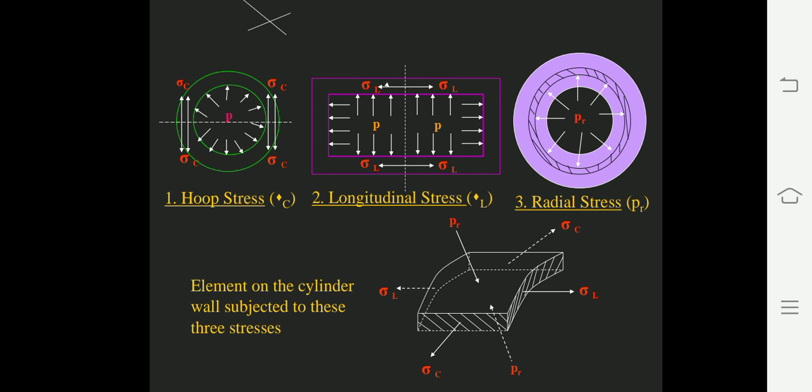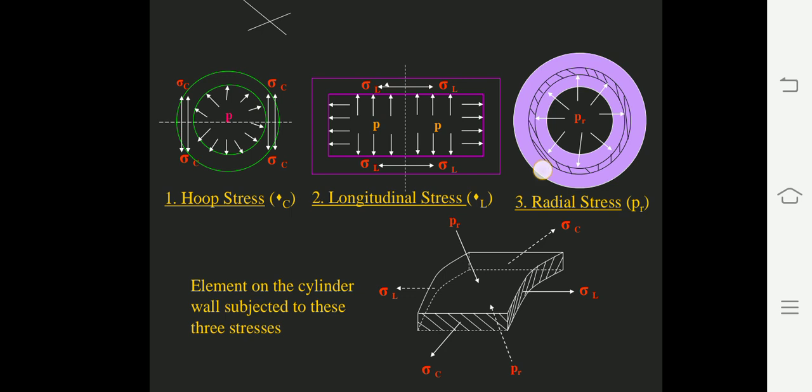For the second, longitudinal stress, the longitudinal section is considered. Here I have considered a section. The fluid pressures act on the wall, tensile in nature. Due to that fluid pressure acting on the wall longitudinally, the length may increase. This stress is called longitudinal stress.